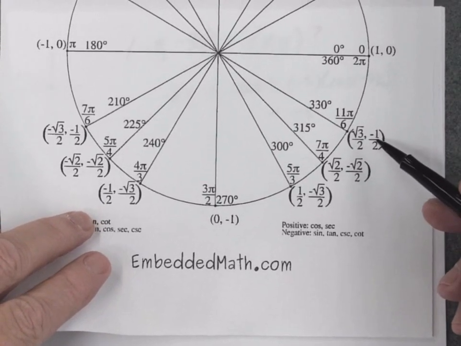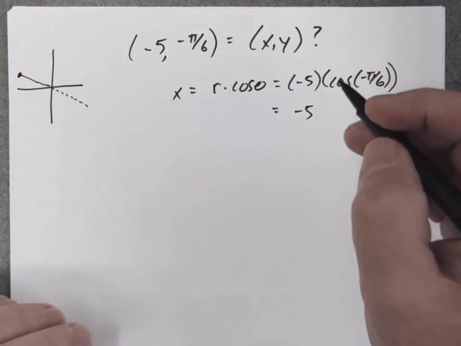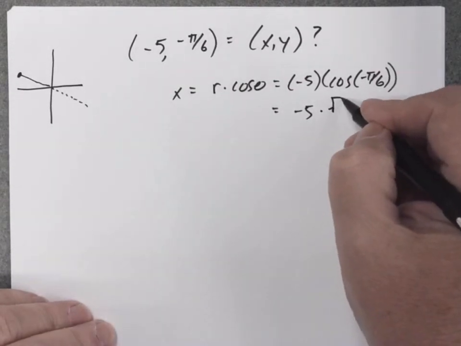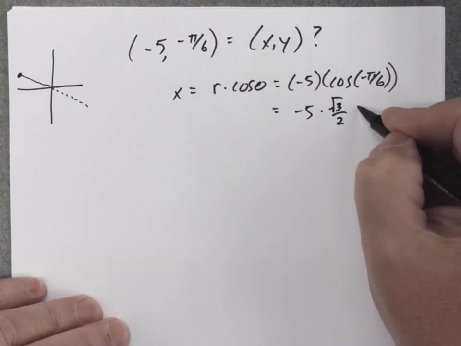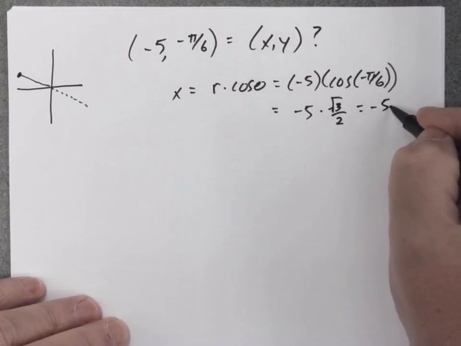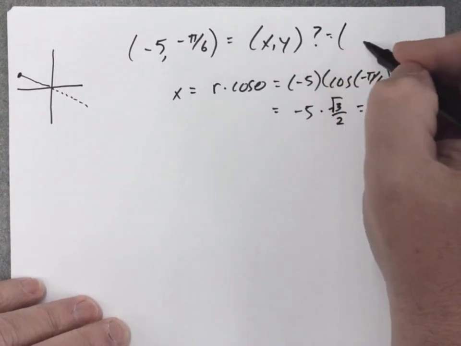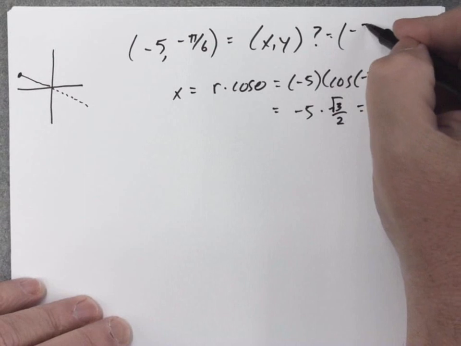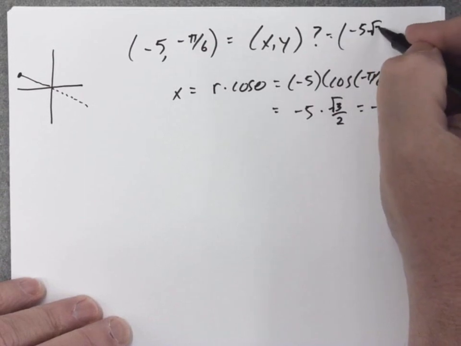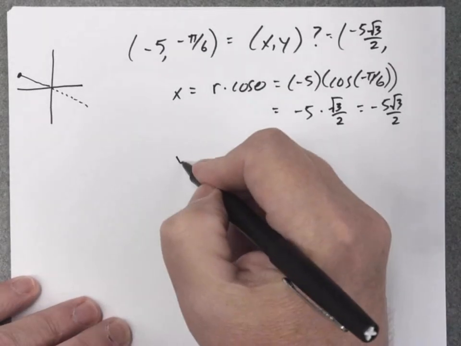I've got the unit circle memorized if you need to look at it. It's right here. Negative 5 square root of 3 over 2. And that's what we would expect, because we expect the cosine to be negative. So x is going to be negative.